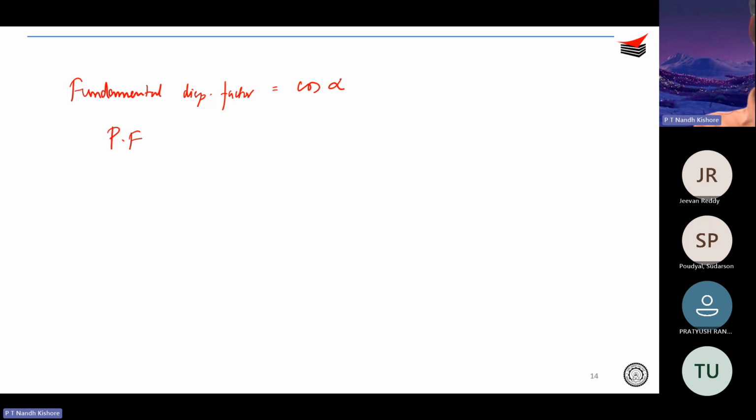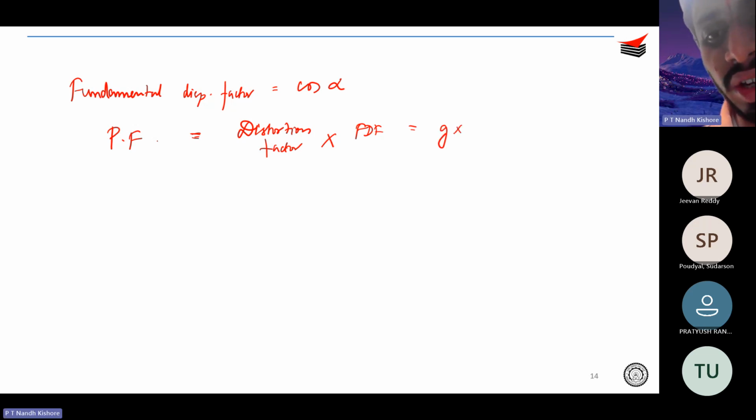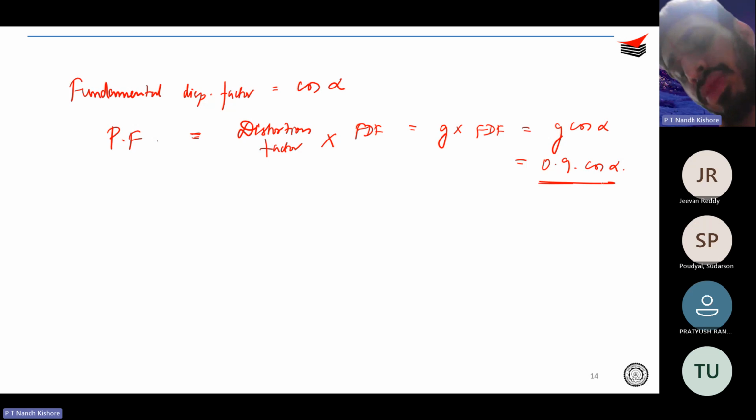And now your power factor by definition is distortion factor into fundamental displacement factor, that is G into FDF. So your power factor is given by G cos alpha, or 0.9 cos alpha in this case.